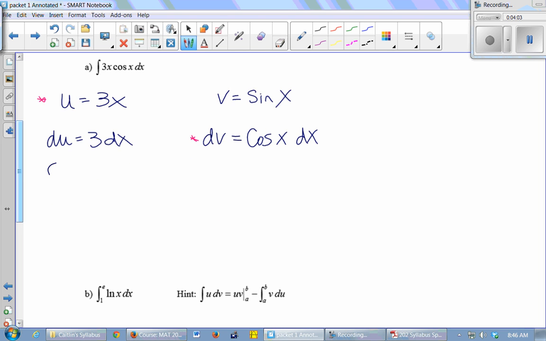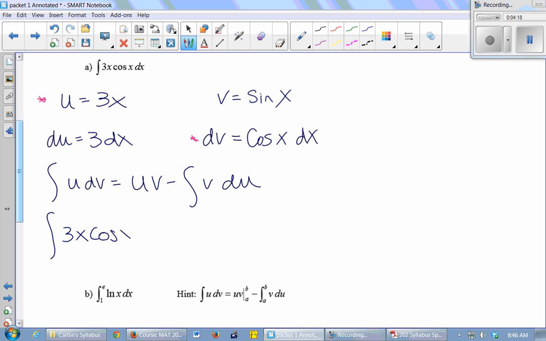So my integral of u dv is equal to u times v minus the integral of v du. And this is my initial problem here, 3x cosine x dx. So that should be equal to u times v, so 3x times sine x, minus the integral of v times du.